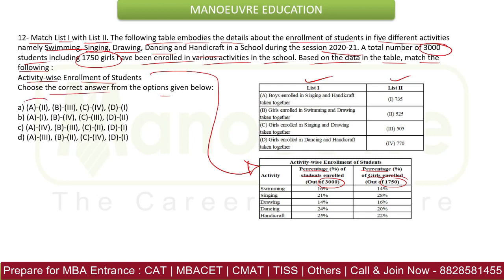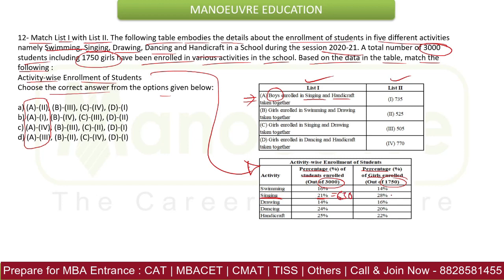Now if you could see in all the options we have A matching with 2, 1, 4 and 3. So instead of trying for all the 4, why not focus on A only first. Let's find out the percentage of boys enrolled in singing and handicraft taken together. So you see the total percentage of students enrolled in singing is 21. So if we take 21%, that will be 21 into 30, so that will be 630.